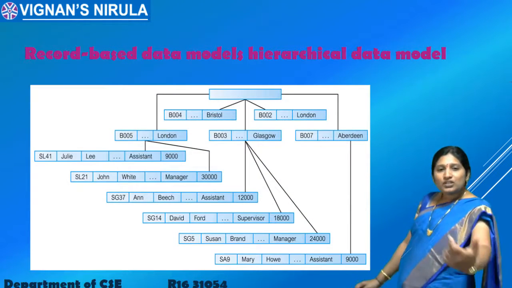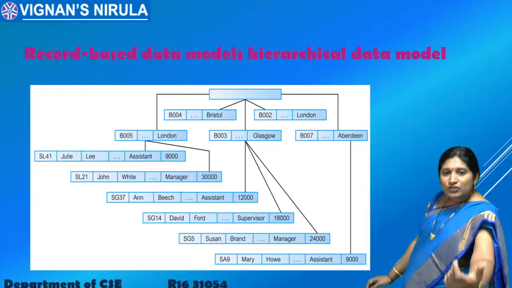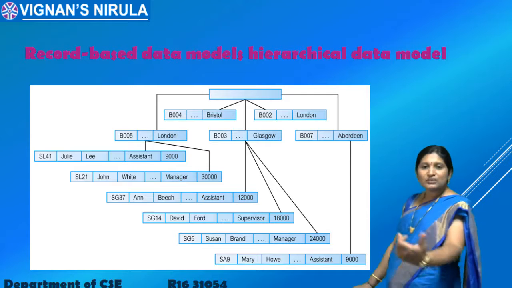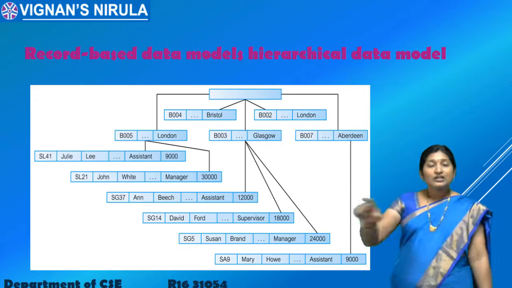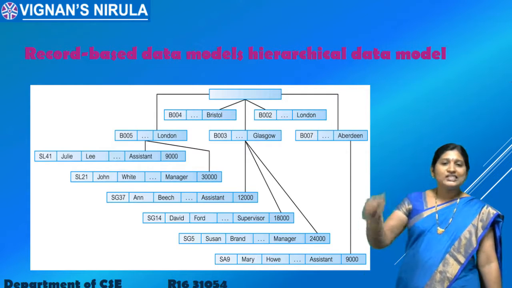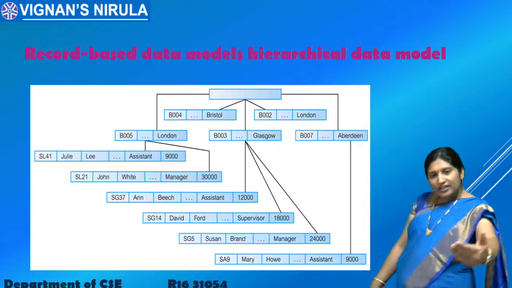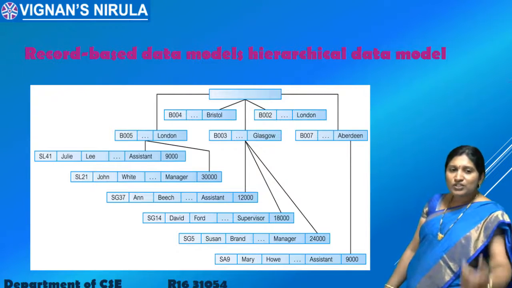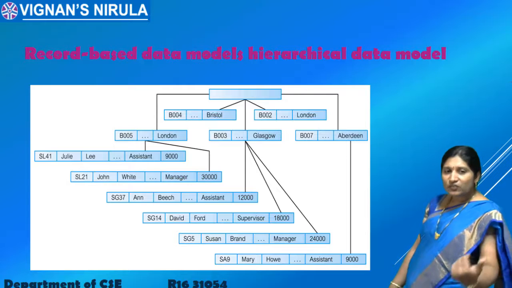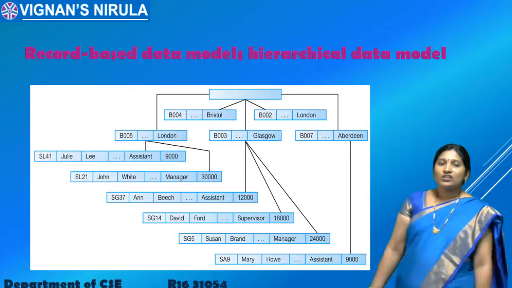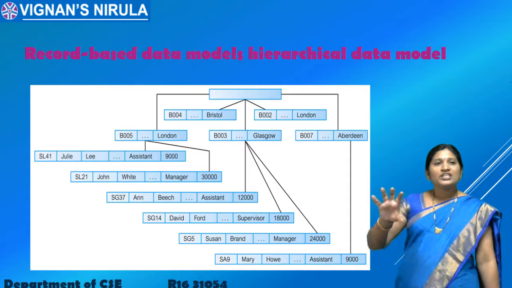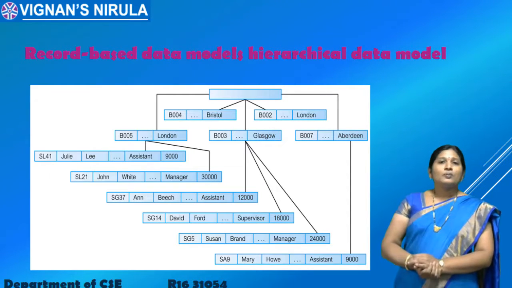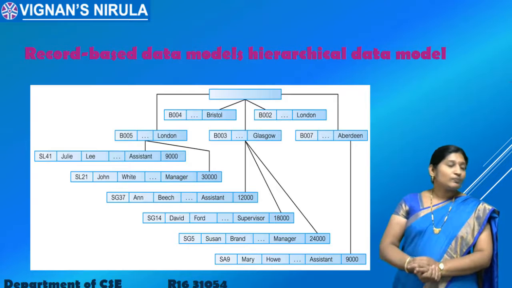Under the topmost record, I have B004, B002, B005, B003 and B007 as the first-level children of the root node. Again, for them, there exist sub-children. What are the children for B005? B005 has the children SL41 and SL21. Like that, among each and every record, I am establishing certain categories of parent-child relationship.